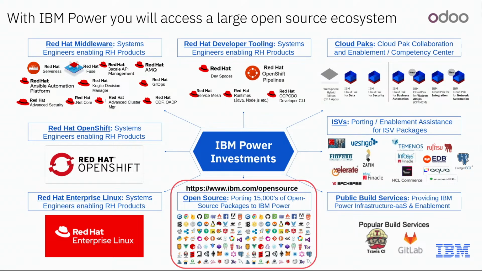Okay. This slide is about the support of open source on IBM Power. IBM Power does a lot of work to be able to run most open source software. We have more than 15,000 open source packages running natively on IBM Power.